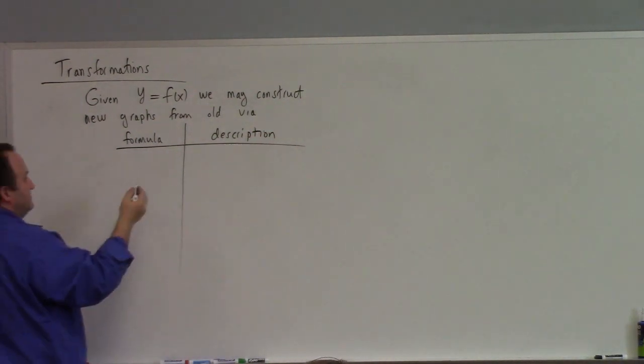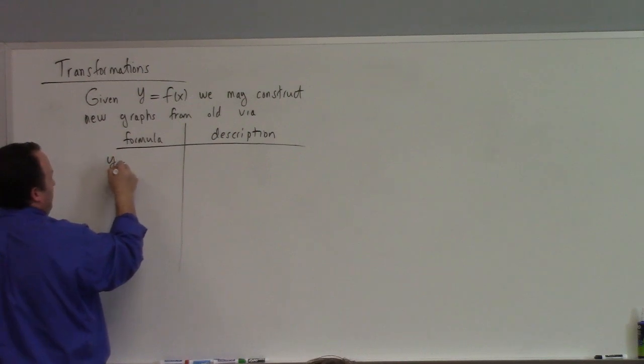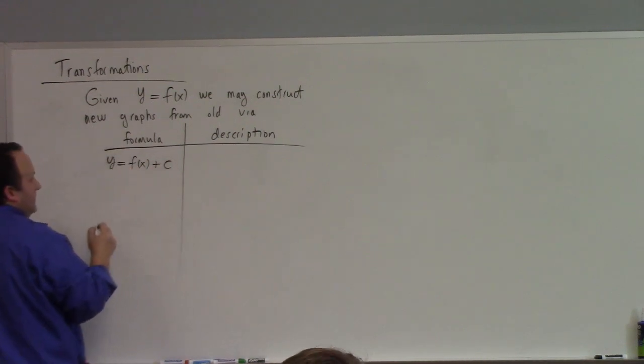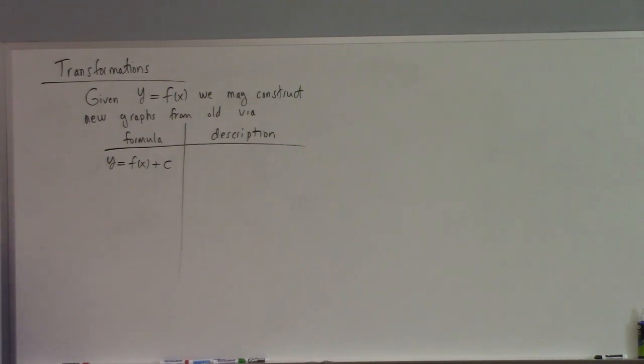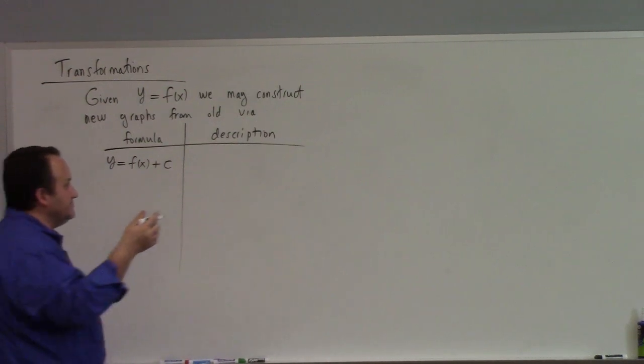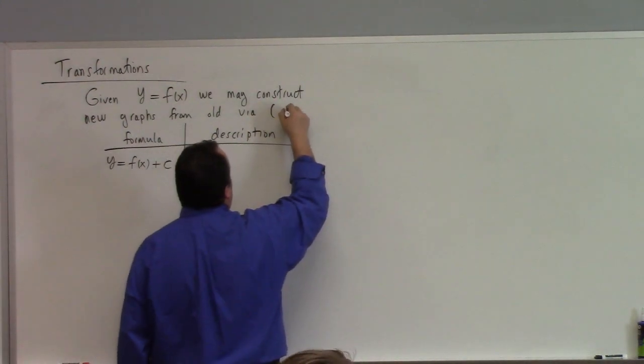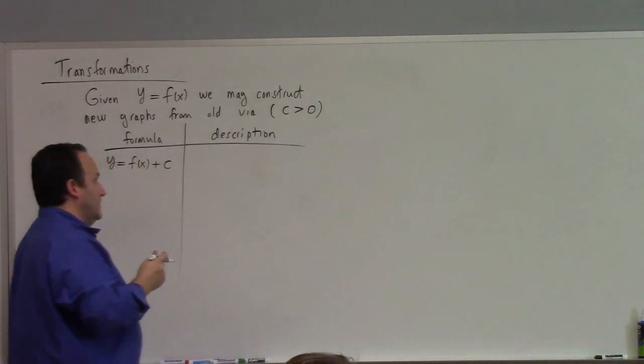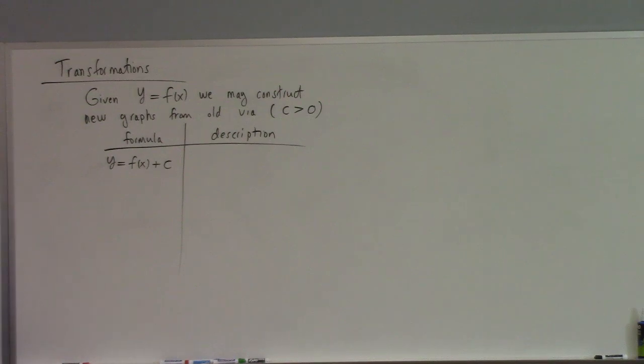So if the formula is y equals f of x plus some constant c, and in the interest of being clear, we're going to assume that c is positive for the sake of this discussion, all right? I'm going to write down pluses and minuses so I can separate left and right and up and down cases, all right?